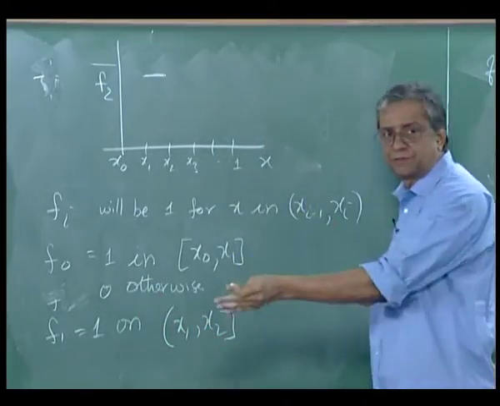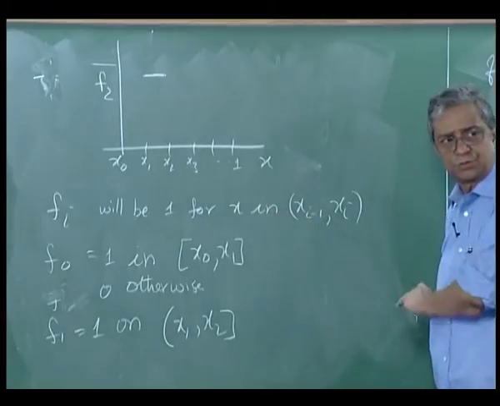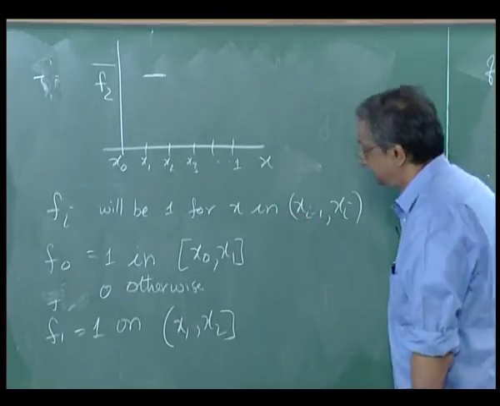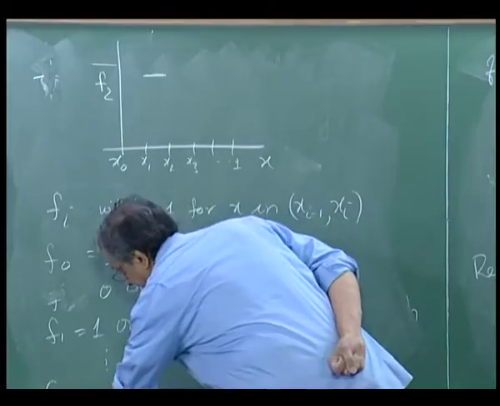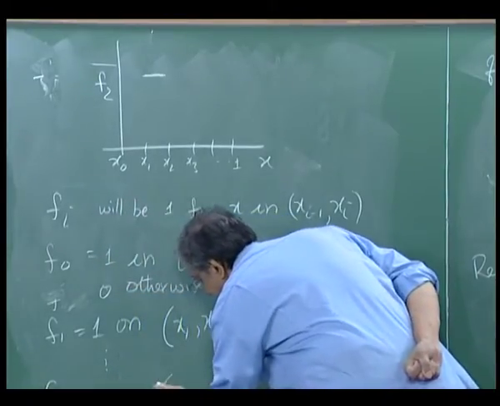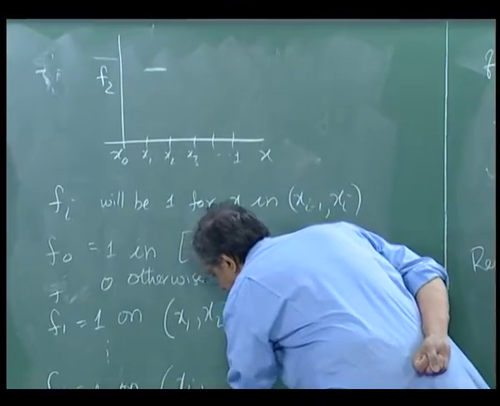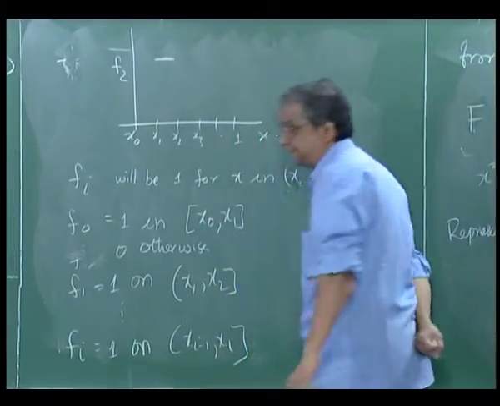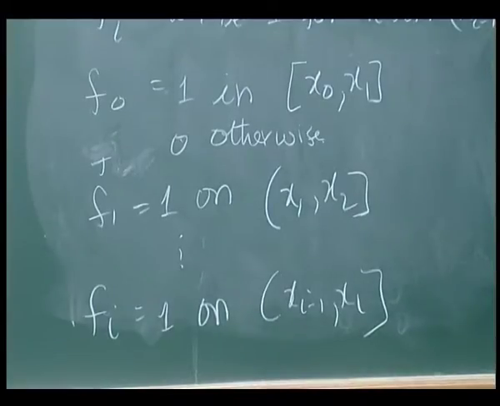So we will keep everything open on the left, closed on the right. Dot dot dot, fi equals 1 on xi minus 1 to xi. Fine.